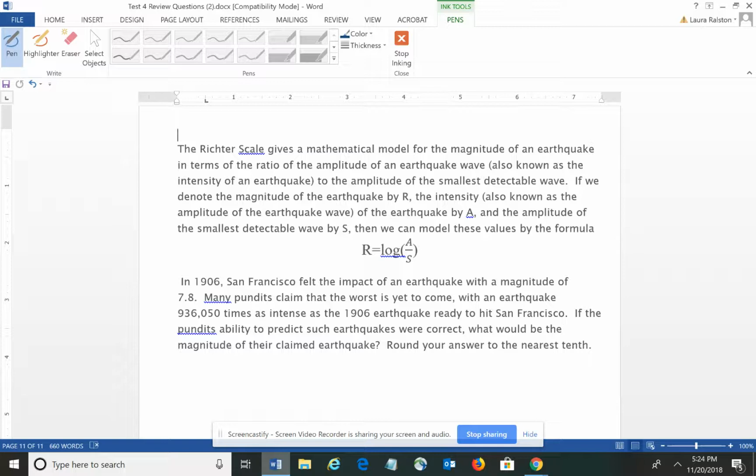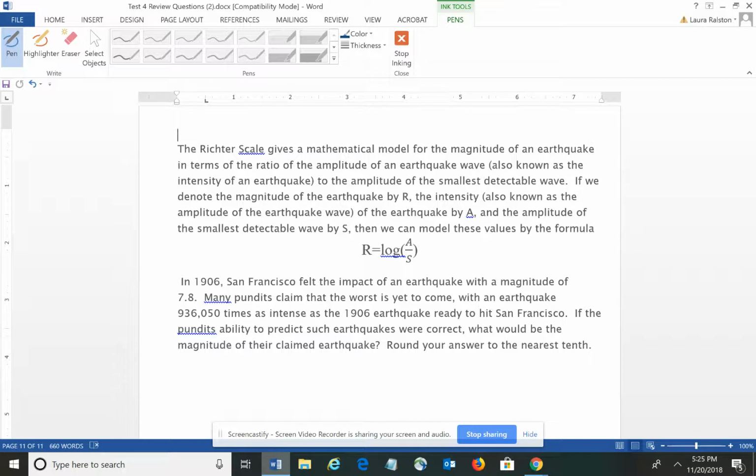Then they say, in 1906, San Francisco felt the impact of an earthquake with a magnitude of 7.8. Many pundits claim that the worst is yet to come, with an earthquake 936,050 times as intense as the 1906 earthquake ready to hit San Francisco.